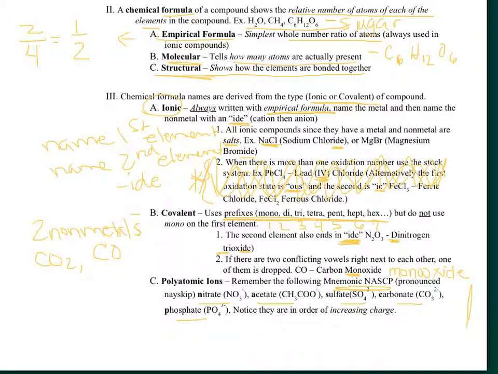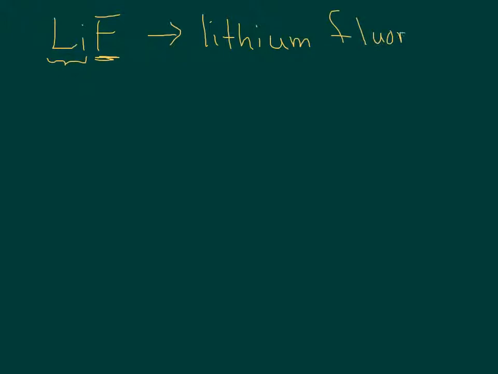Okay. I'm going to start working some examples and naming some compounds. Let's do some ionics first. LiF. It's an ionic compound. What we're going to do is you name the first element first, lithium, and then you name the second element, but you put IDE on the end. So rather than being fluorine, I take off the -ine and put on IDE, and it's fluoride.